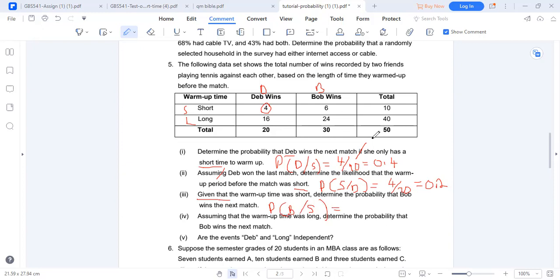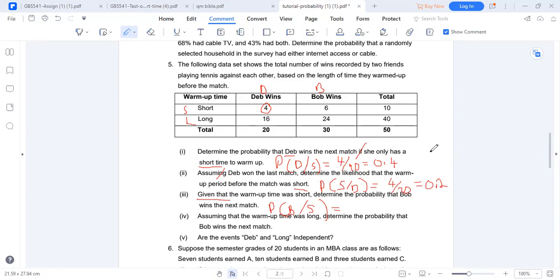So can I, sorry to interrupt you. When they say given, it's the one that's supposed to be down. Yes. Always. Or assuming that, or if, all these words, what is under them goes down.